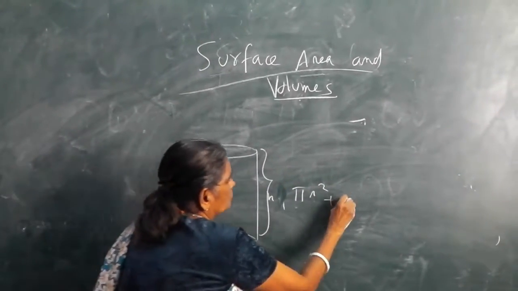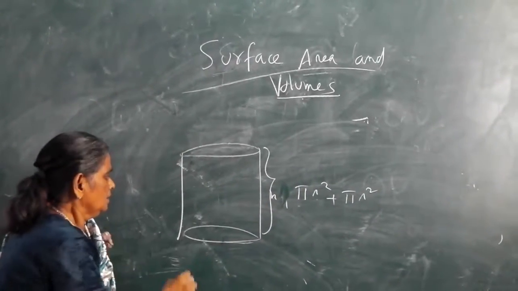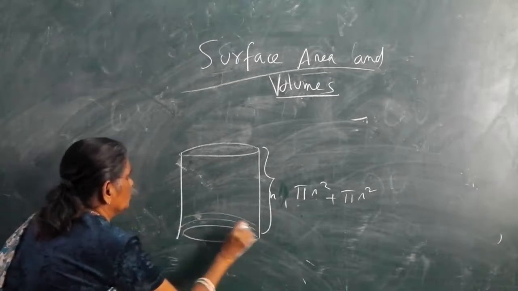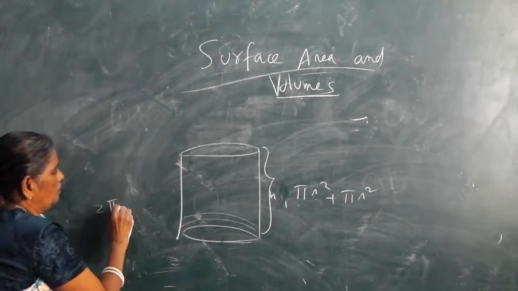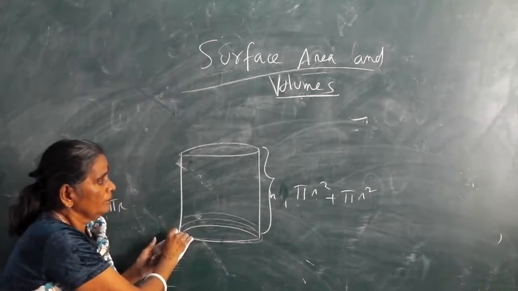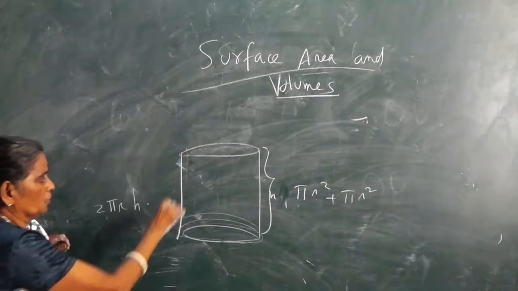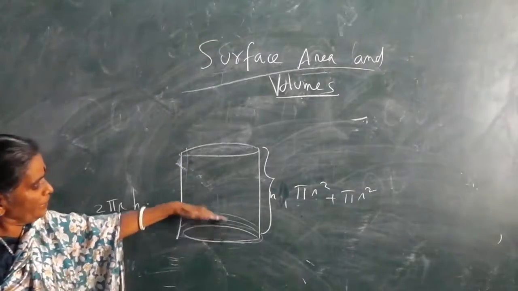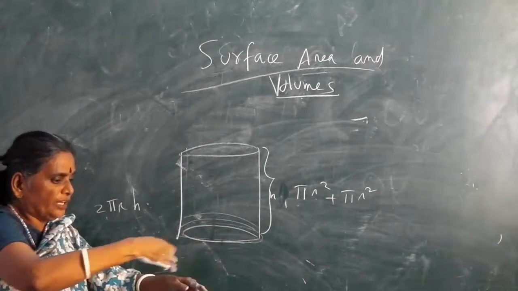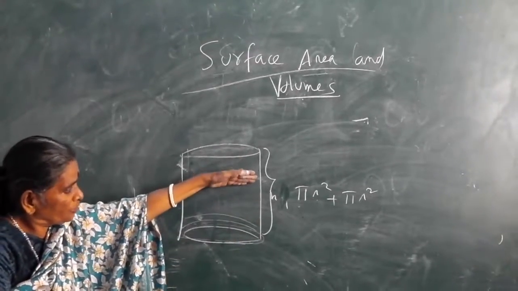This is also pi r square. Now, curved surface area. Each circumference is only 2 pi r. To what height? H. So, to a height of H, all these circumferences are put one over each other.